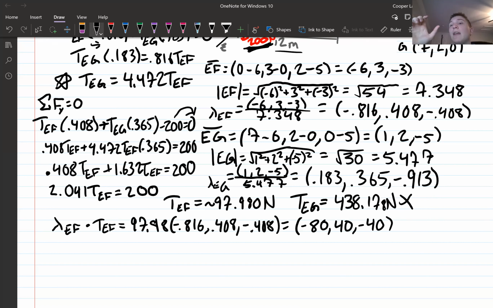The difference is because we rounded earlier and didn't use the exact values that we got. If we used the exact values, we would have gotten just a plain 80, a plain 40, and a plain negative 40.